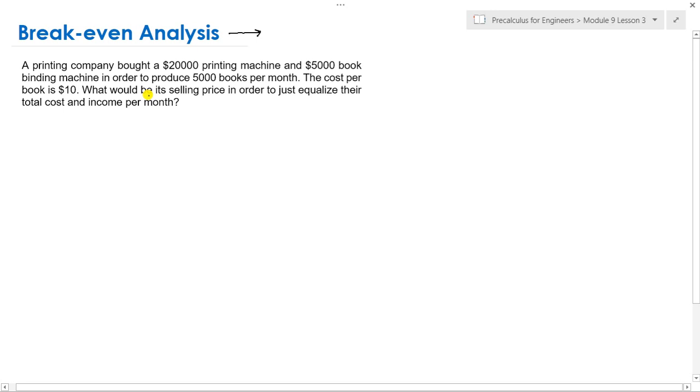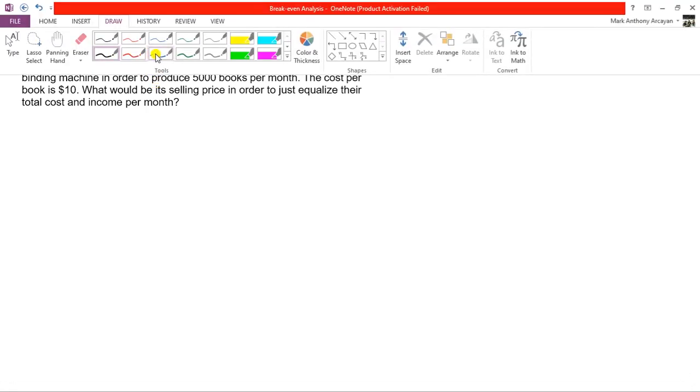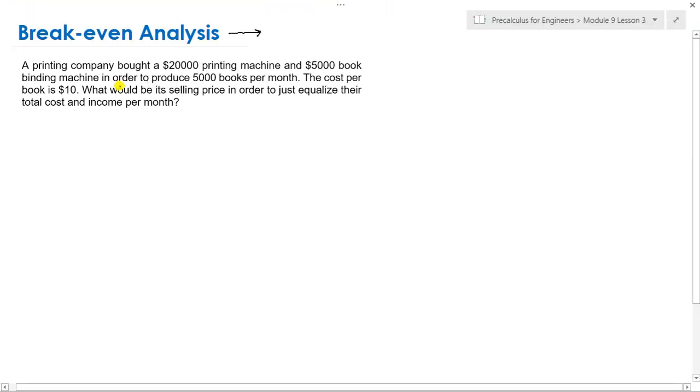The cost per book is $10. What would be its selling price in order to just equalize their total cost and income per month? The nature of the company is a printing company, so they print books.